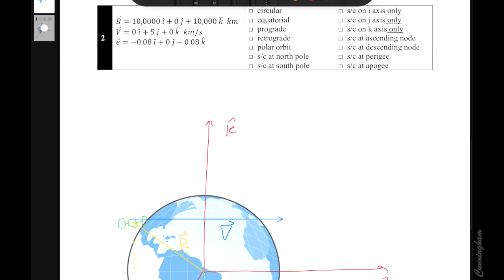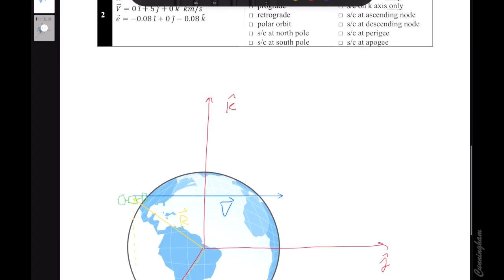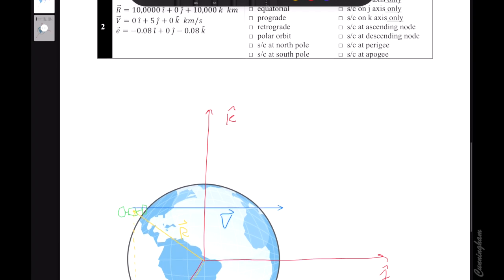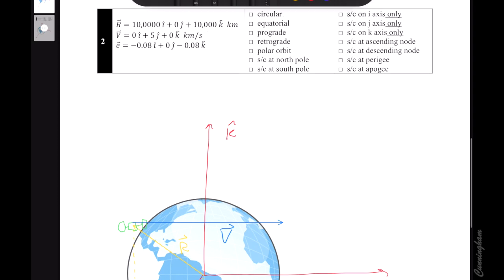And then our last mission, just like before, is to draw the eccentricity vector. All right, here's where my drawing skills get challenged to the max, trying to draw 3D on 2D. The eccentricity vector looks like it's basically the evil twin, the mirror universe component of R. R had some positive I and positive K. Well, eccentricity is all negative I, negative K, and 0 J. So basically everything that R is, E is the opposite.